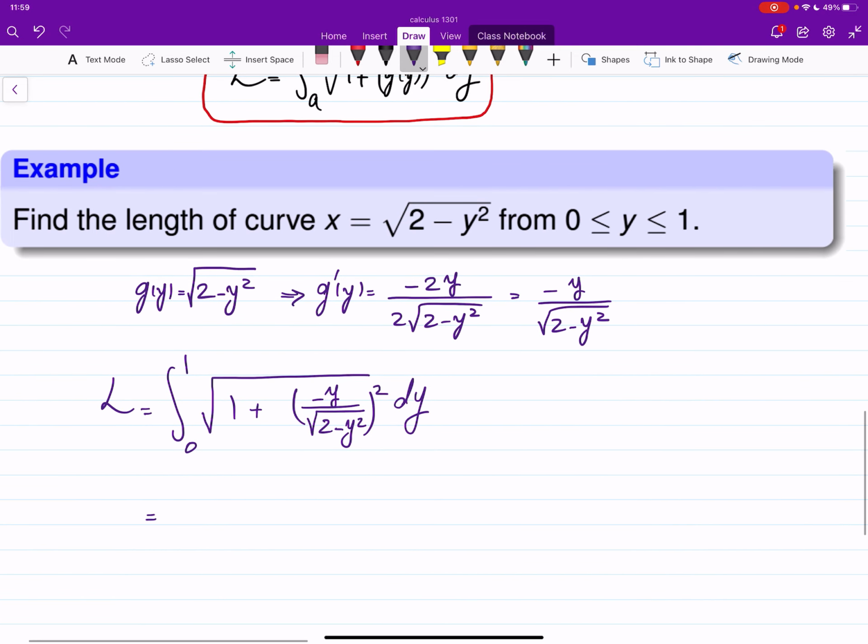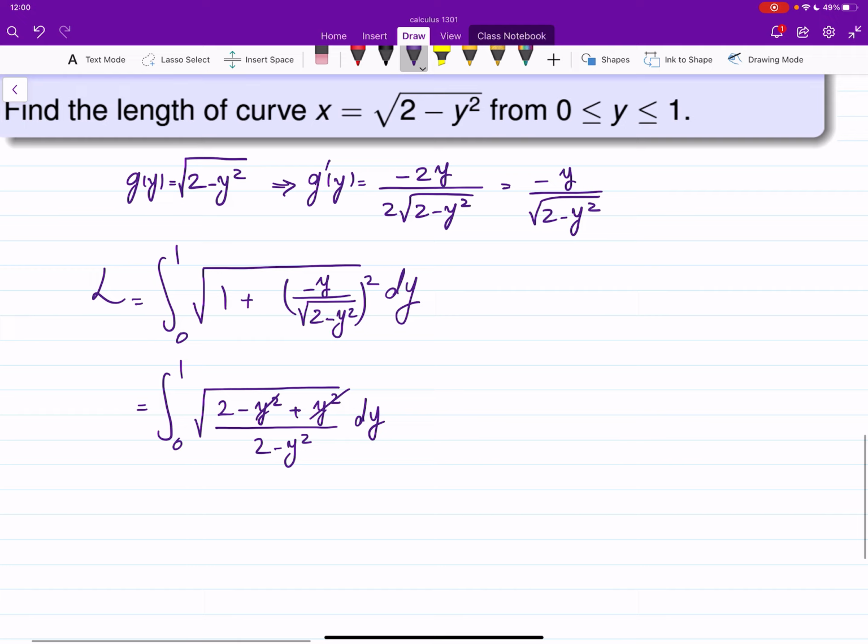If we simplify this, we can find the common denominator, plus y squared. Negative y squared squared is y squared, and this will be 2 minus y squared. Everything is under the square root. These two cancel, and we get root 2 from the numerator. I'll put it outside: 1 over 2 minus y squared dy.